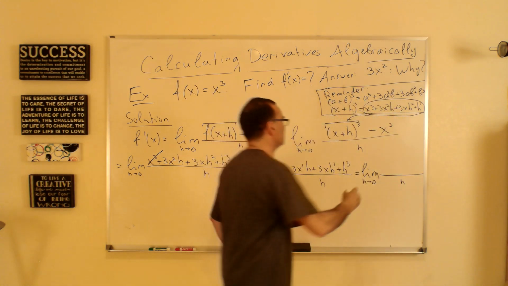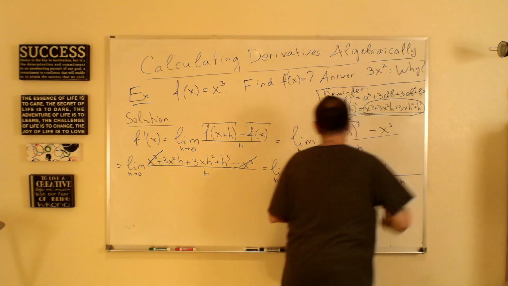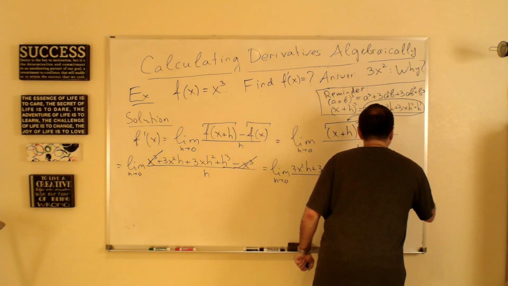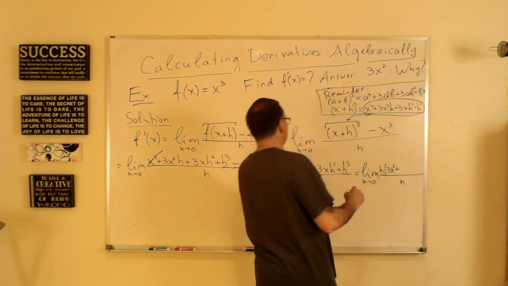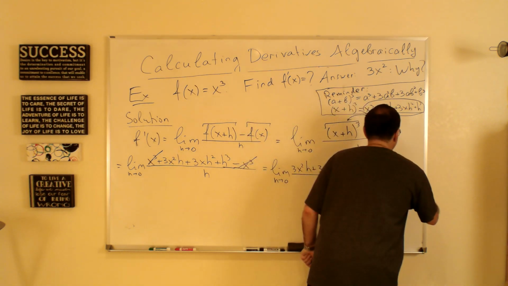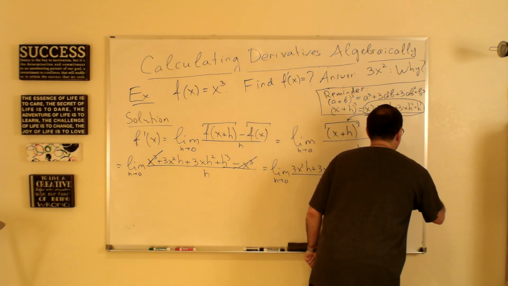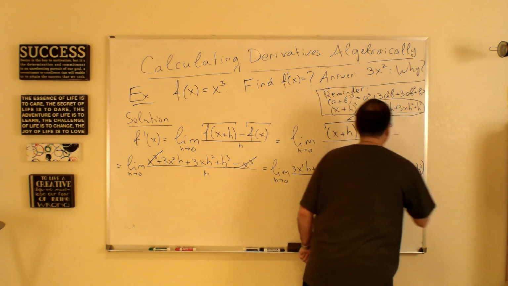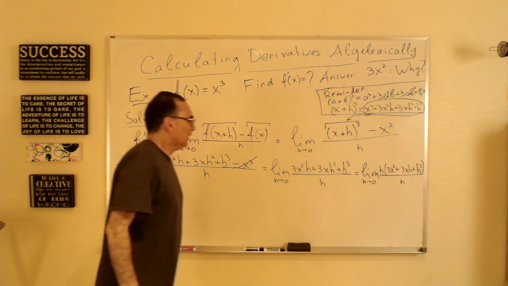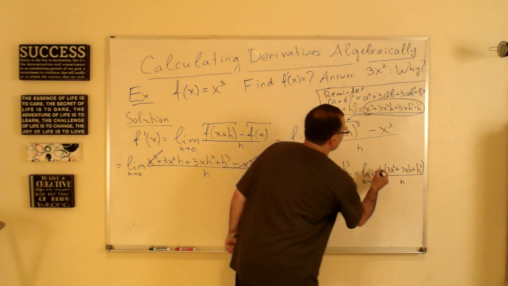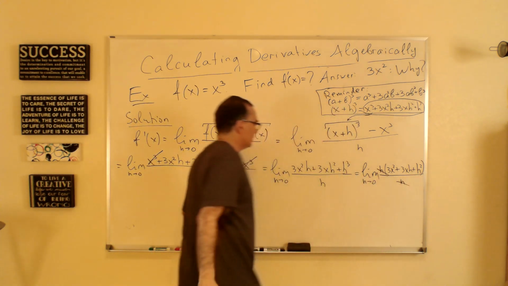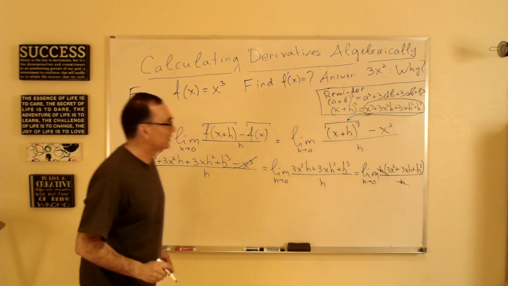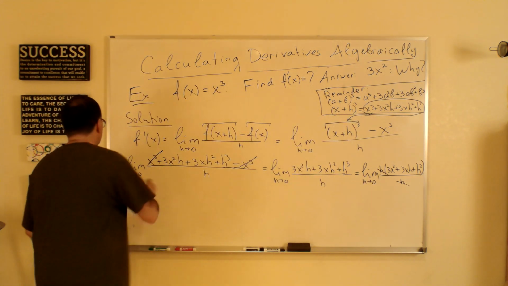The numerator, after we take out h, comes as 3x squared plus 3x h plus h squared. Like before, we will cancel h because h is not really 0, even though it approaches 0. It's a number very close to 0, but not quite 0, so we can cancel it.